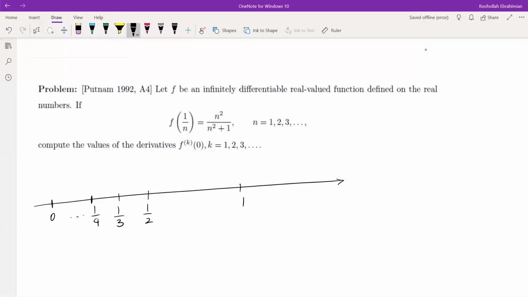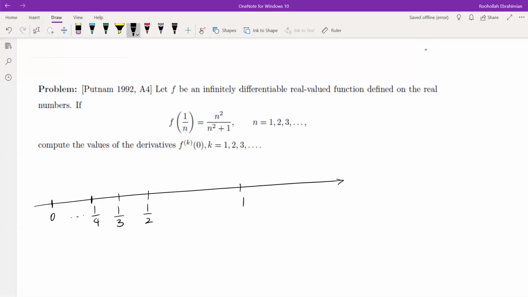So we'll remain optimistic. A few things come to my mind when I look at the problem. We're given a function that satisfies this condition. Can I come up with any function that satisfies this condition? Maybe, and this is a really long shot, I can actually find the function f.